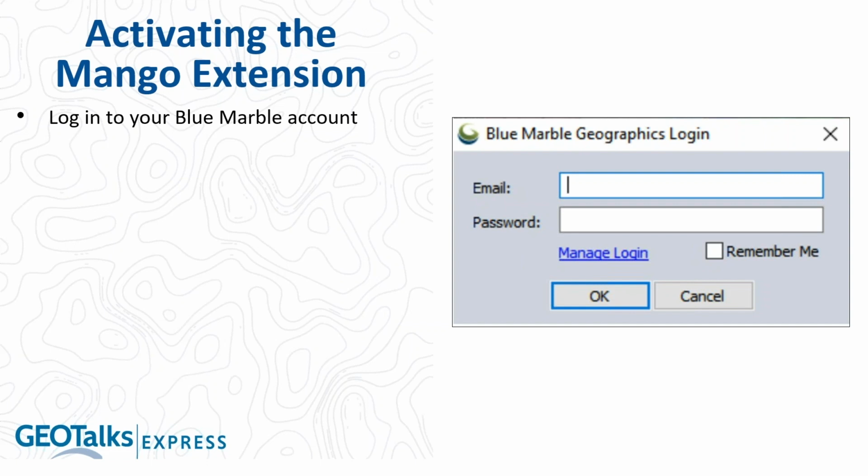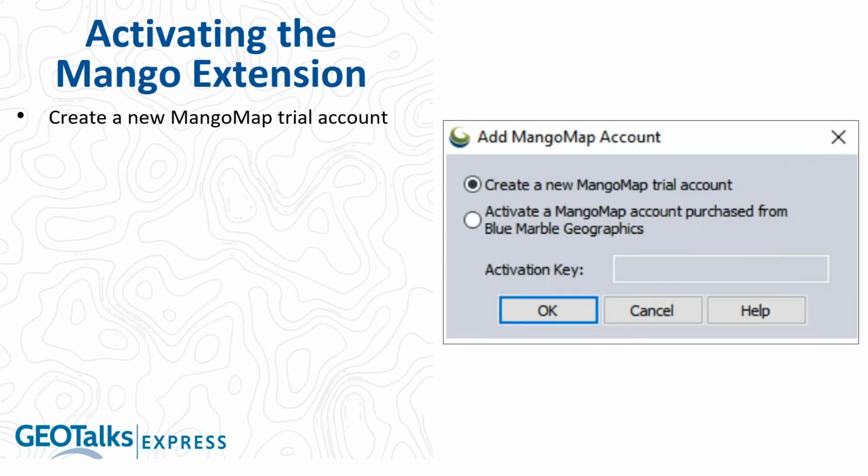So the same information you enter when going to our website, you'll enter here. Once you do that, you'll be prompted with two things. Either you can connect to an order you already purchased through us. In this case, we haven't done that. So we're going to choose to create a new MangoMap trial account. Fairly straightforward.